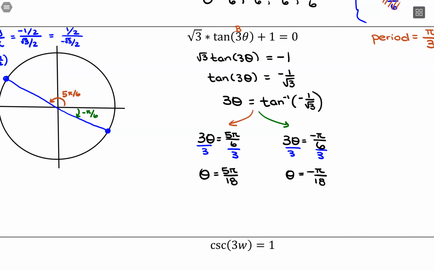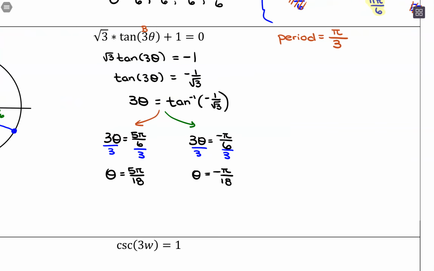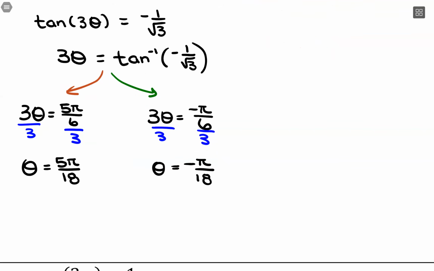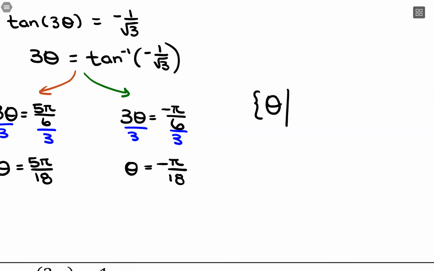All right, so I have these two numbers coming up. They aren't angle measurements that we're really used to working with. So for making my formula, what I would do is take each of these values and add on intervals of pi over 3. Let's write that out. This is the long way of writing it out, but it would be technically correct, and I'll show you how we could shorten it later.